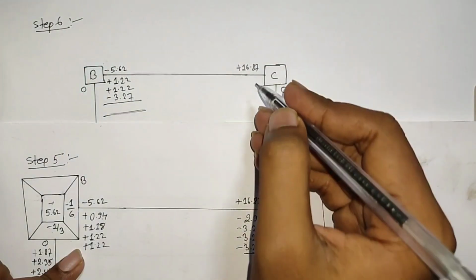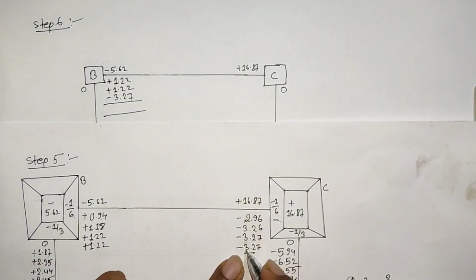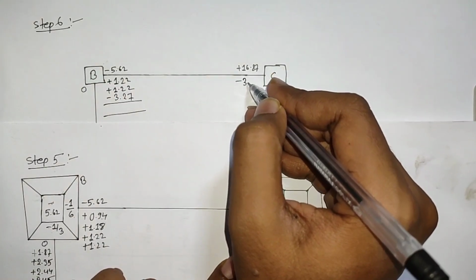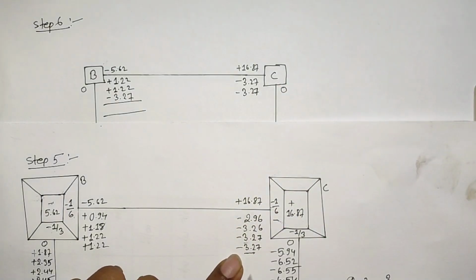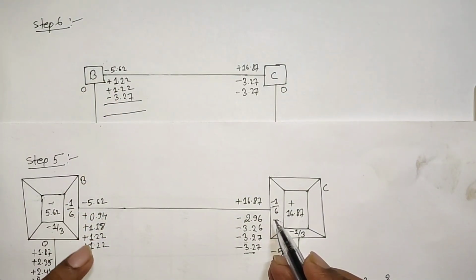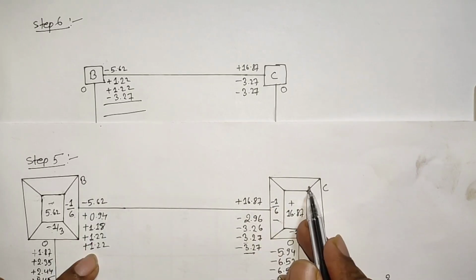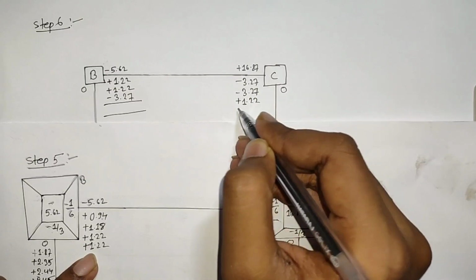Similarly, this is the fixed end moment due to the loading. Now add the value of the nearer end moment twice, so minus 3.27 minus 3.27, and add the moment of the farther end once, and the moment of the farther end in span BC is 1.22, so positive 1.22.